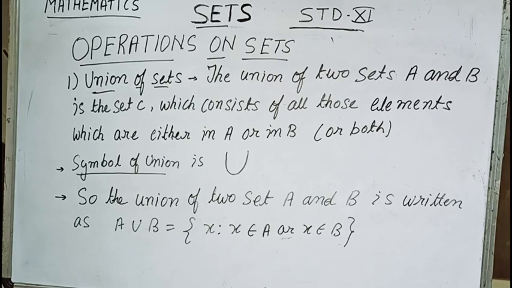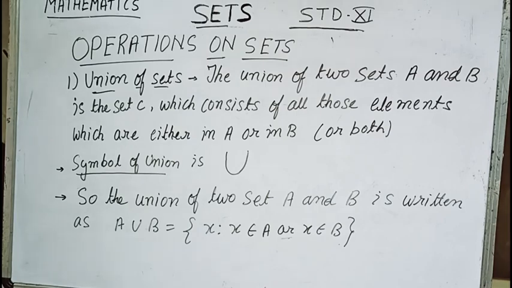Suppose you do 3 divided by 1, then we will be getting the same number, that is 3. But suppose we divide 6 by 2, then we will be getting a new number, that is 3. In multiplication also, suppose you multiply 2 by 6, then you will be getting a new number, that is 12, and so on. Similarly, the operations on sets will be giving a new set or sometimes the same set.